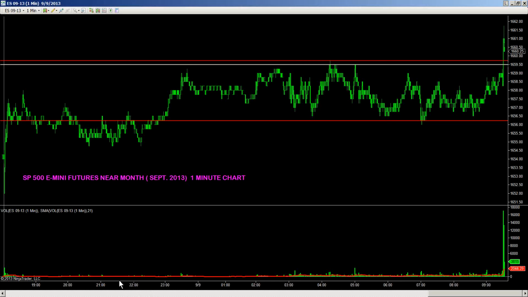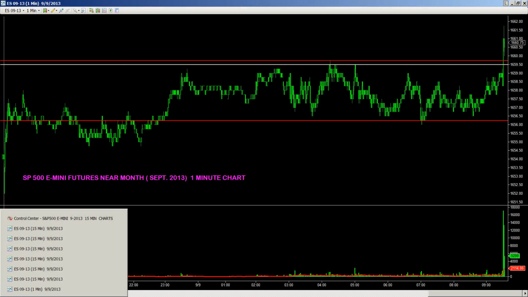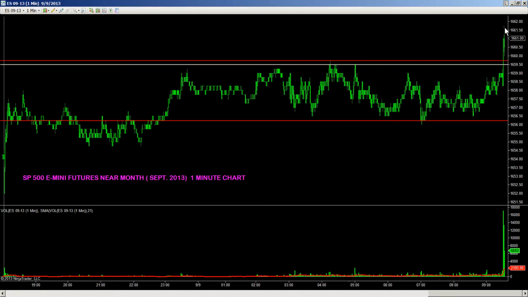S&P 500 E-mini futures, September 2013, near month being traded. Just short of 1662 there on the initial push.